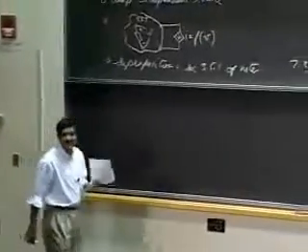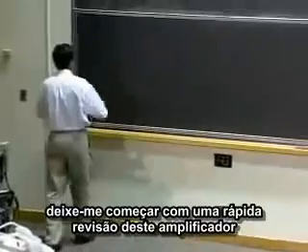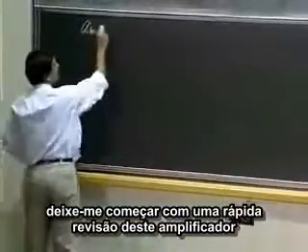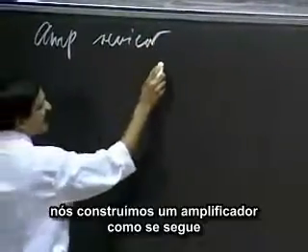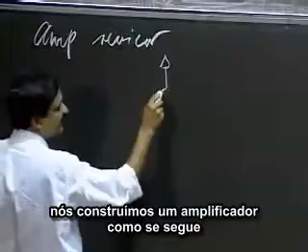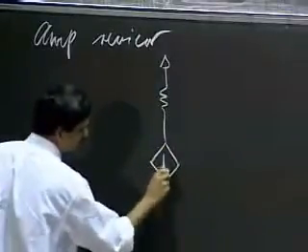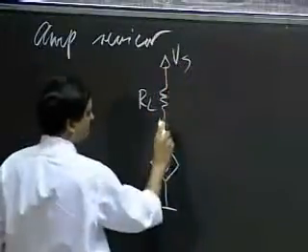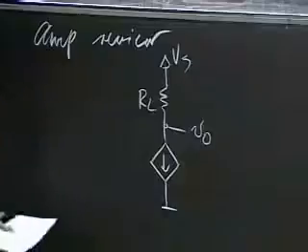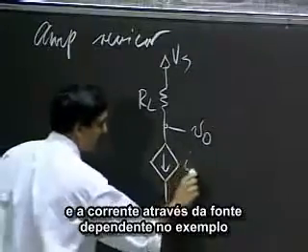So since we are going to build up on the dependent source amplifier, let me start with a quick review of that amplifier. So we built our amplifier as follows. We connected our dependent source in the following manner.